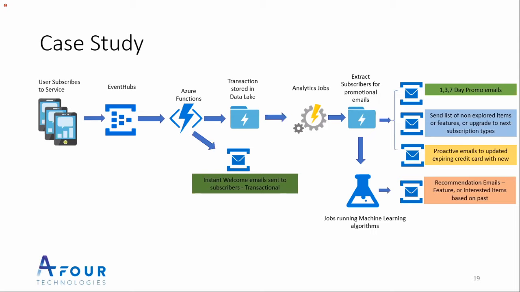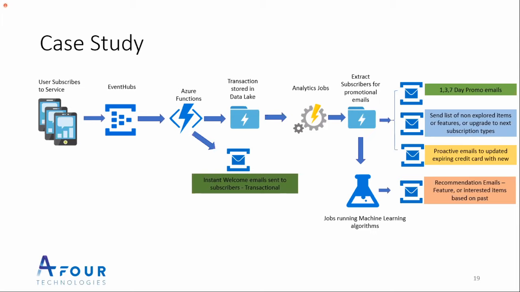You cannot just go and send these emails to everyone, right? The moment a particular end user subscribes to your application, next day you want to send that user an email. So when you're running your job, you need to make sure that you have extracted a list of users which is 1 day user, or 3 day new user, or 7 day new user. For those users only, you want to send some kind of promotional emails.